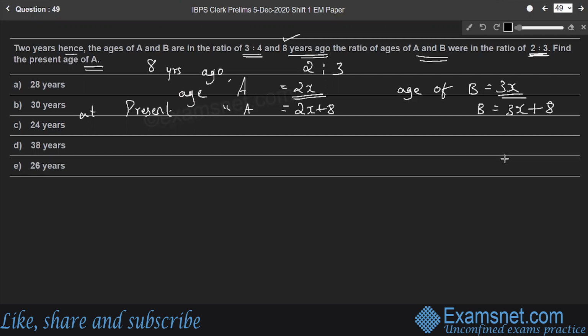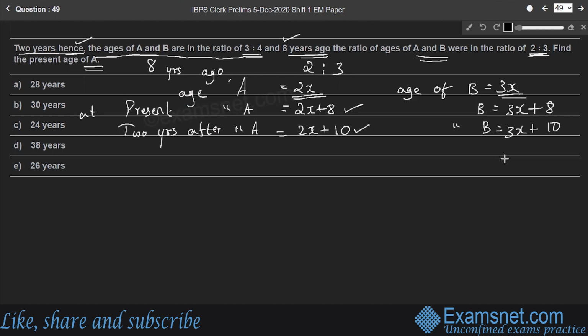And also it is given 2 years hence. So 2 years after, age of A becomes 2x plus 10 because present age is 2x plus 8, and age of B becomes 3x plus 10, right?